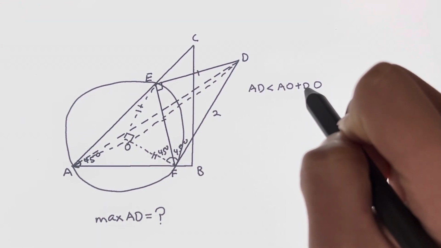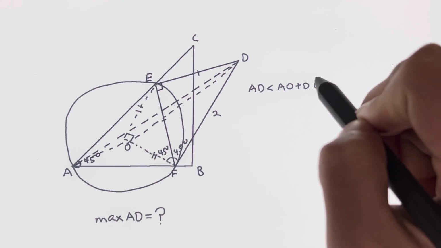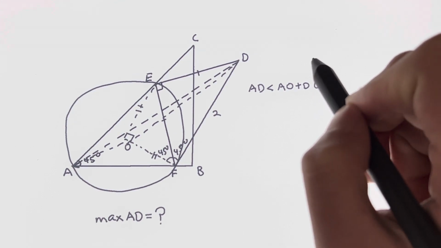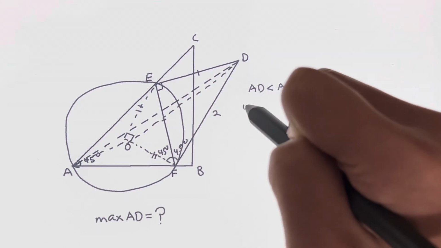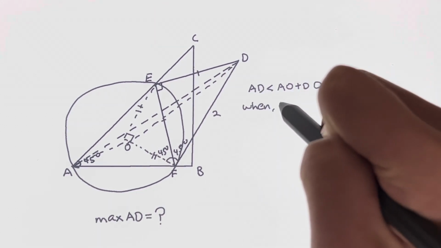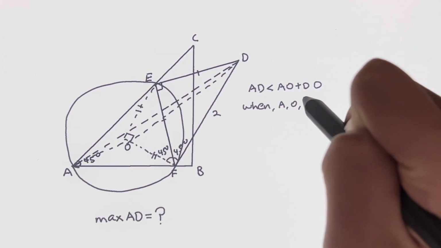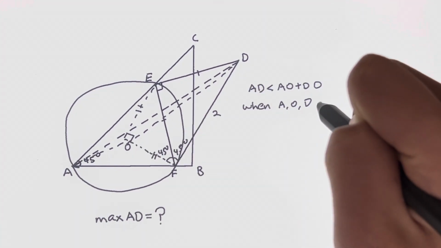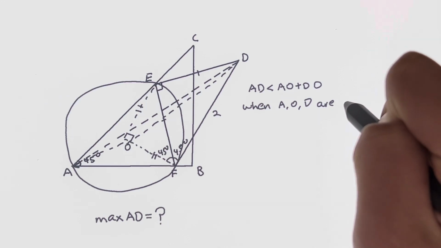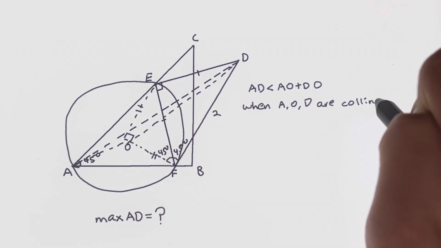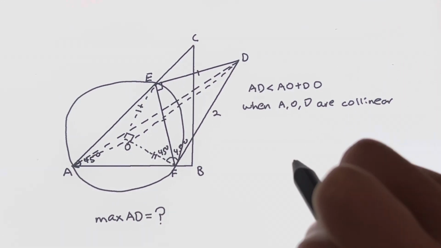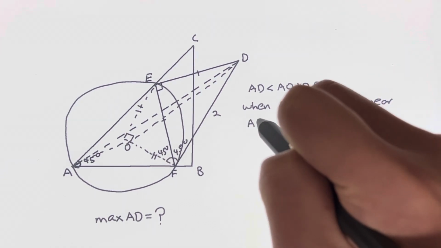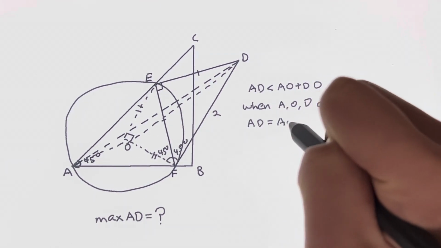How do we maximize AD then? This is done when AO and D are collinear, meaning that they are on the same line. So in this case, when A, O, D are collinear, we'll have AD equals AO plus DO.